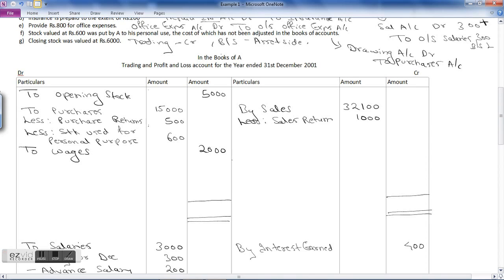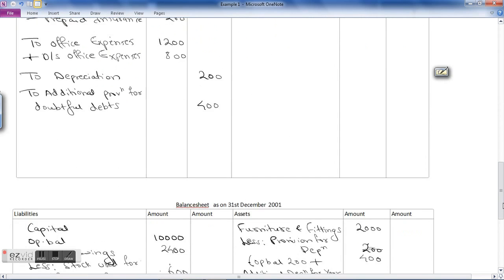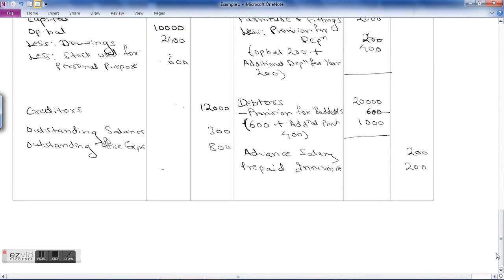So on the trading account credit side, by closing stock, how much is the amount? 6000. The second effect will be on your balance sheet asset side, correct? So we'll put it here before debtors. Stock amount is 6000.